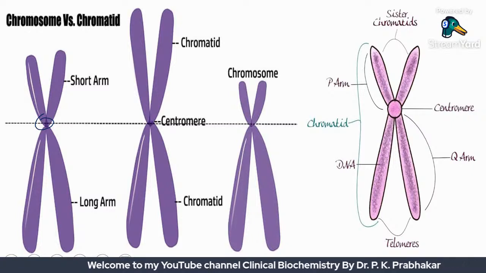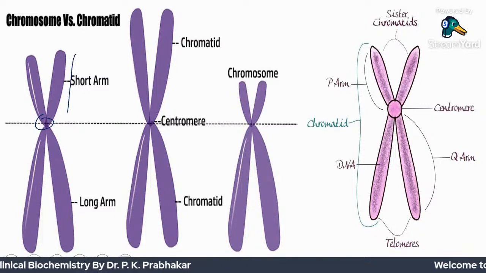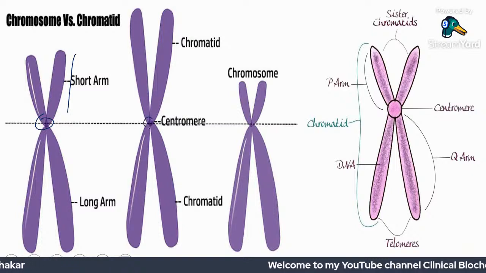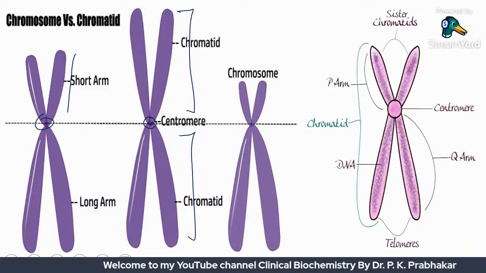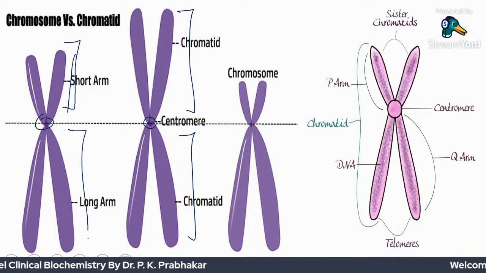Now in chromosomes we have one short arm and one long arm. This is not true for every case. In some chromosomes the centromere is exactly at the center, and in that case both arms will be equal. But in most cases we have unequal distribution.